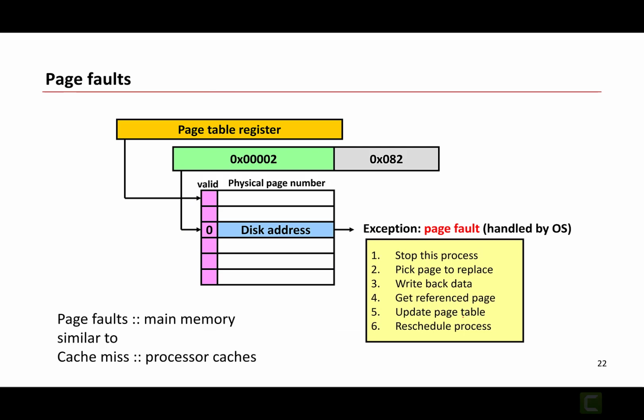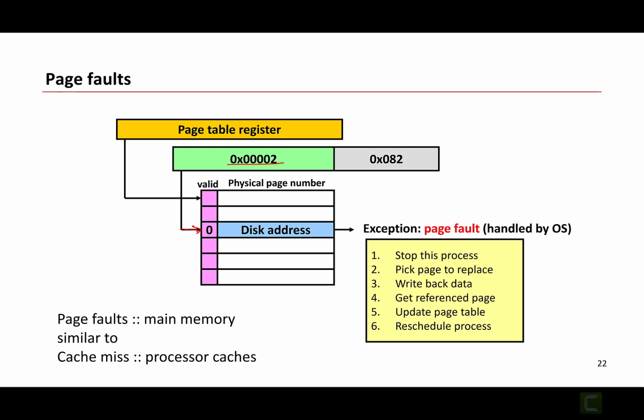Okay, so what are page faults? I said that you take your virtual page number and you look it up, right? It's possible that you have, as an operating system, allocated space for it, but that space now exists on the hard disk.